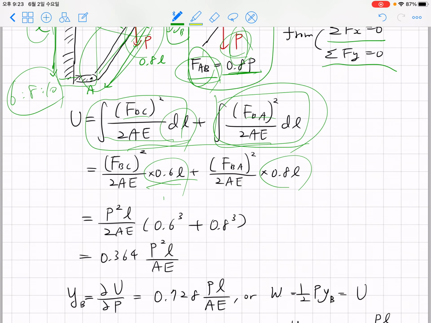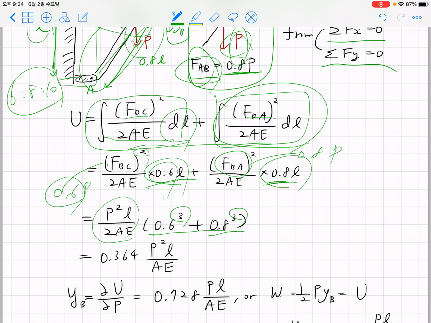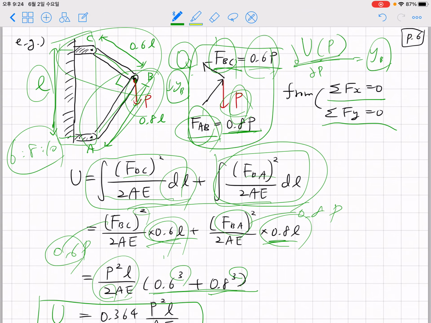After plugging in all those expressions, what you're going to get is P squared L over 2EI, and you have 0.6 cubed plus 0.8 cubed. You have 0.8P here, you have 0.6P here. So that's why you have the power of 0.6 twice and another power here. So this is why you have a cube here. Anyway, after making this operation and dividing by 2, you're going to end up having 0.364 P squared L over AE as the strain energy stored in the entire structure.